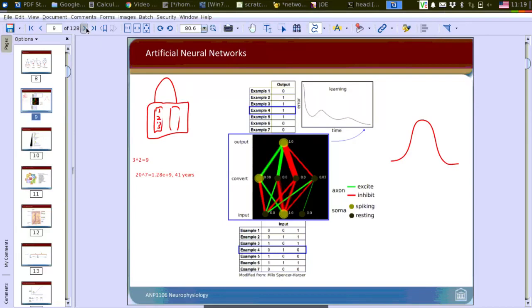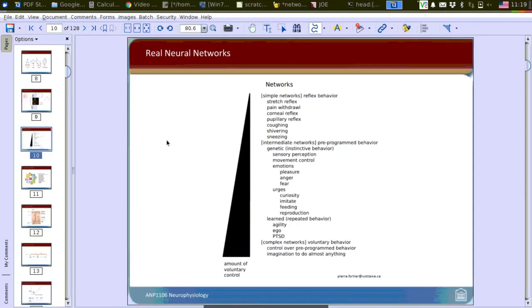So the next figure is to talk about real neural networks. We can describe the neural networks of the nervous system by describing the complexity of these networks.